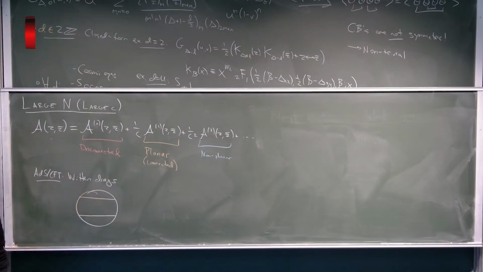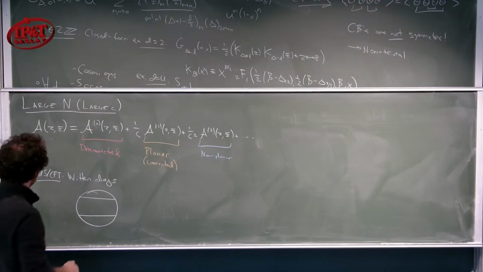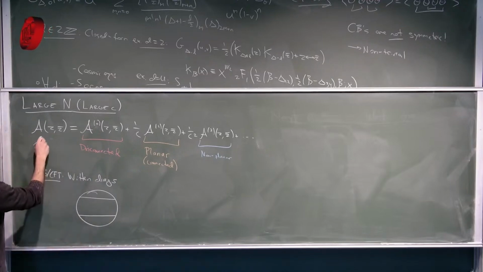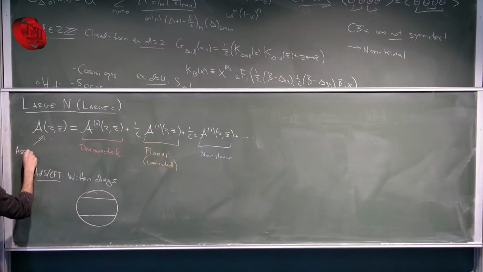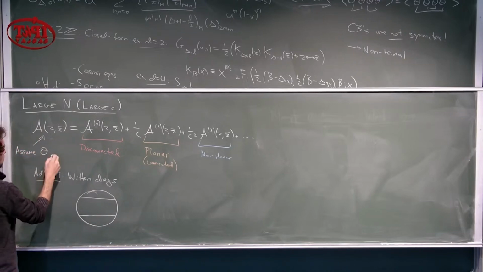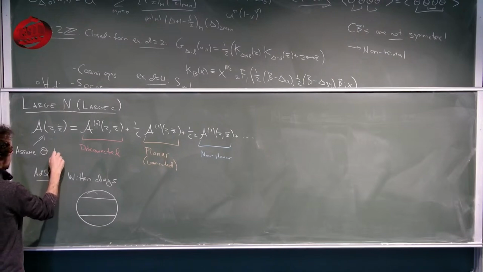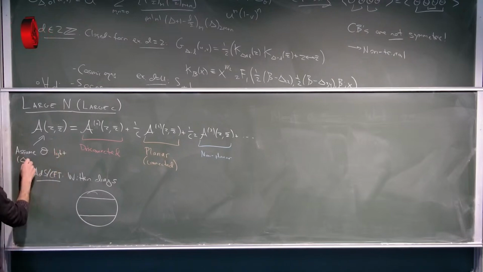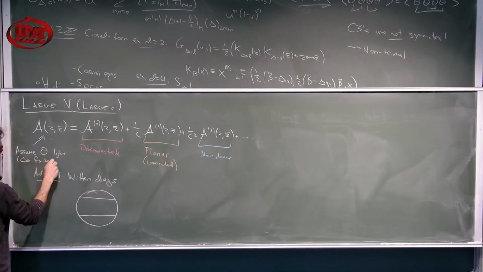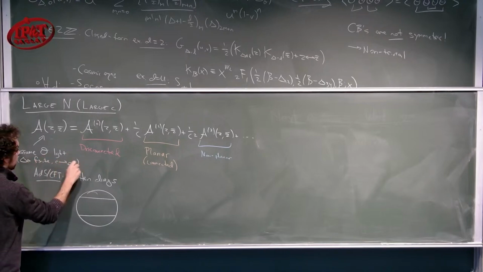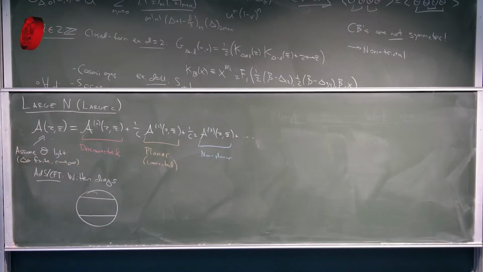Is this for light operators? Yes, right, good, thanks. Assume O is light in the sense that Delta O is finite at large c. Would what you say apply to heavy-light also? What I'm saying so far would apply to heavy-light, but it's more non-trivial that this is true.